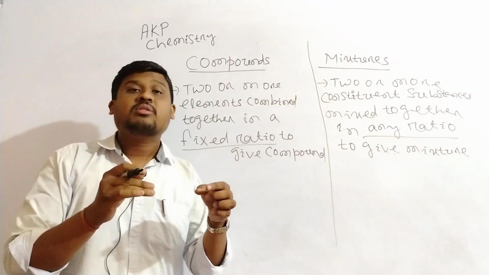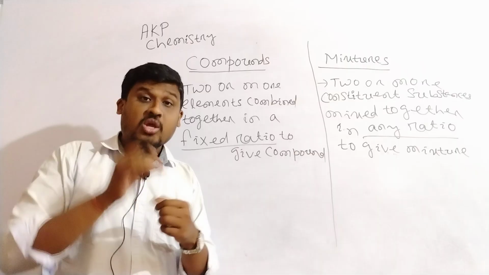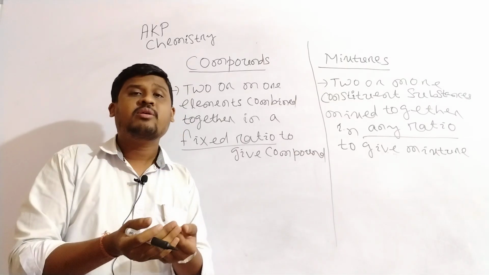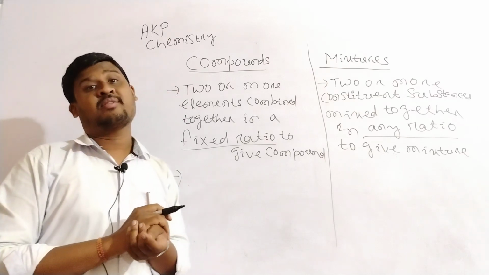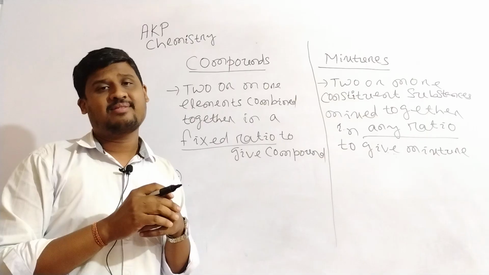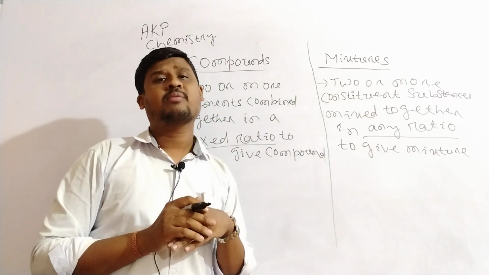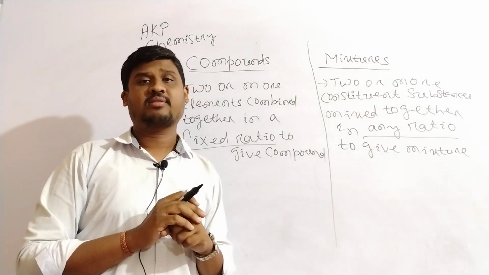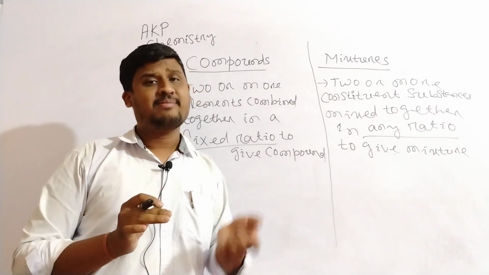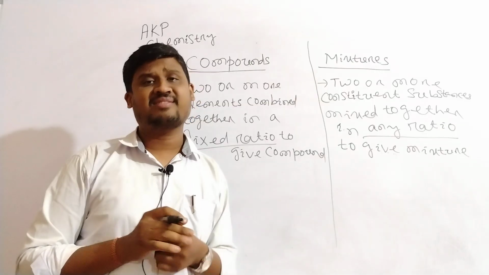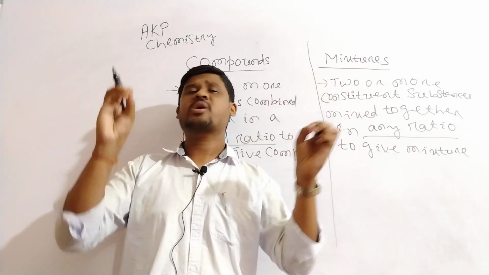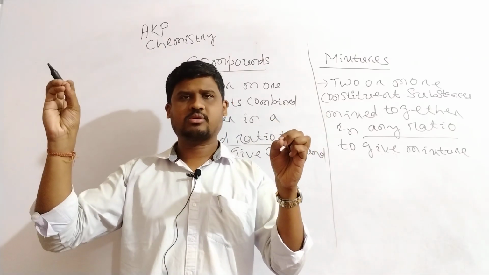What is the second difference? Compounds are formed by chemical change, but mixtures are formed by physical change. That means you take two reactants, mixed together to give a product.